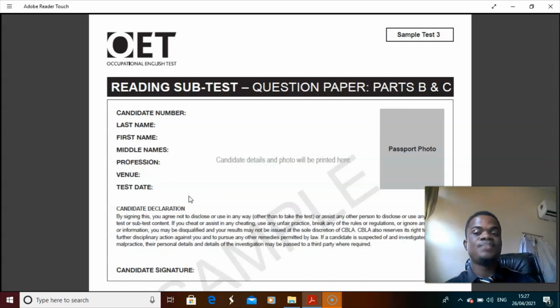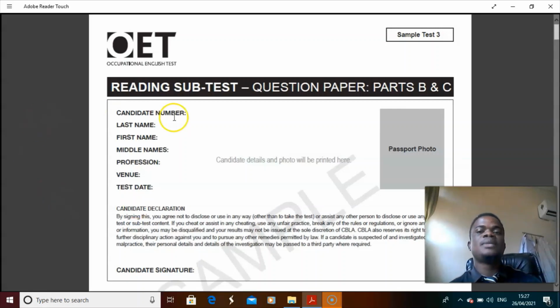So the answers in B and C are not that easy when compared to part A. So try your best to practice this skill of reading in part A so that you can get that 20 over 20, and you will not be struggling with 10 more correct answers to get up to 30 and above.